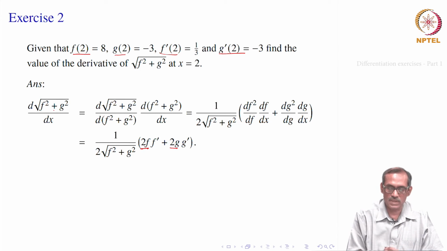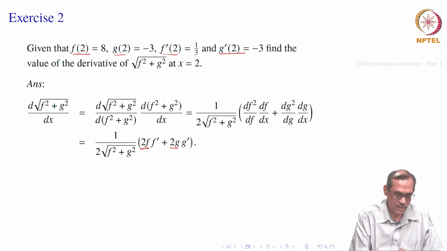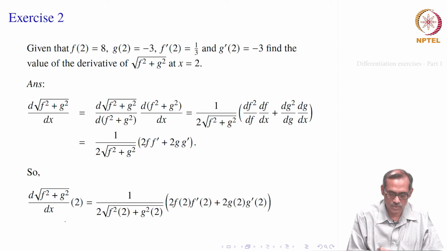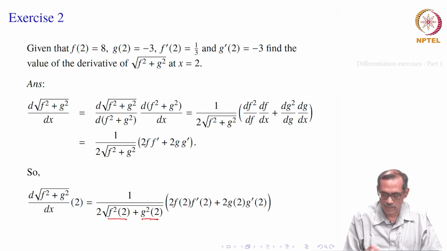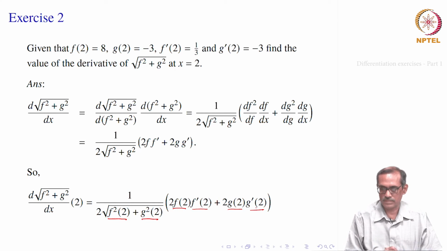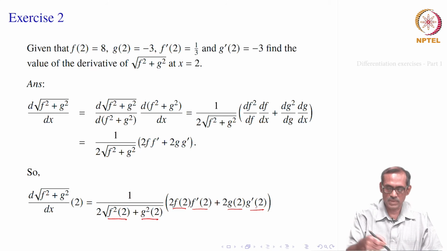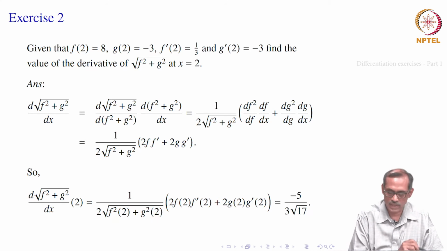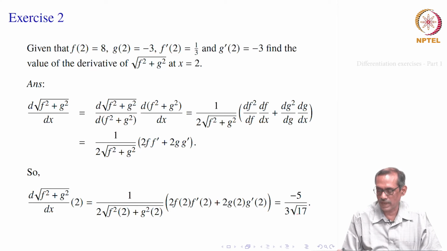So, we evaluate both the sides at 2, then we would get the answer at 2 equal to 1 divided by 2 square root of f square evaluated at 2, g square evaluated at 2, and everything like 2 f 2, f prime 2 plus 2 g 2, g prime 2. Then we substitute the values and simplify to get the answer, and that should come out to be minus 5 divided by 3 square root of 710. You should verify this.